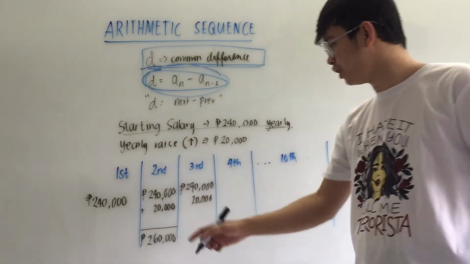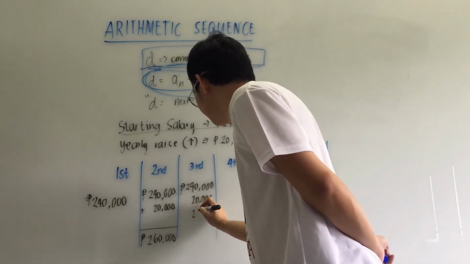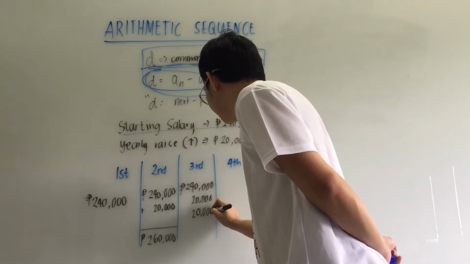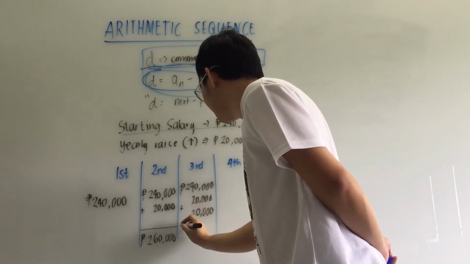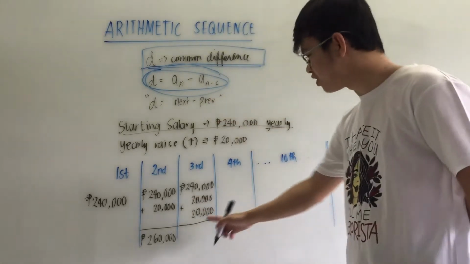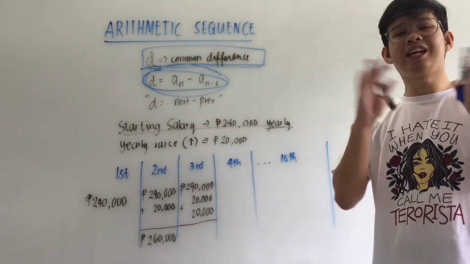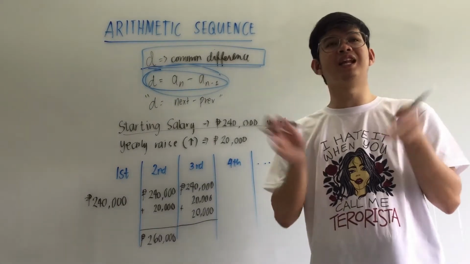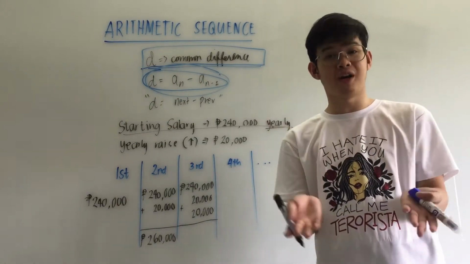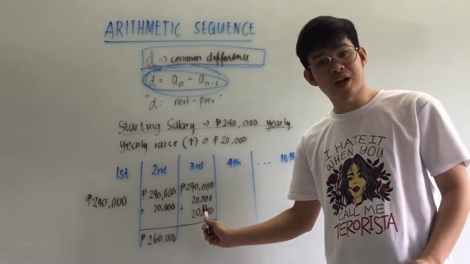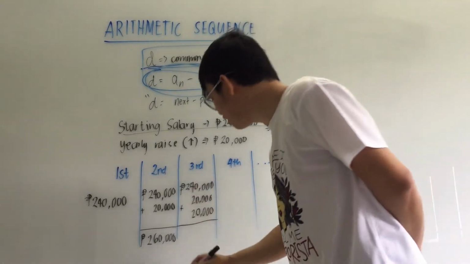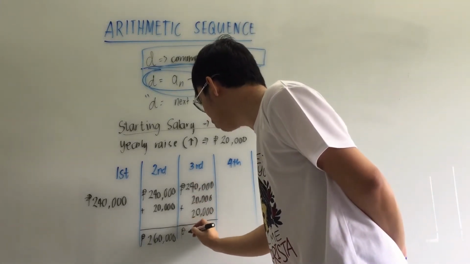Therefore, we need to add another 20 here. Correct. And it's also the same as 260 plus 20,000 pesos. But later on, we will be dealing with the relationships between the variables. Therefore, let me just write it this way.